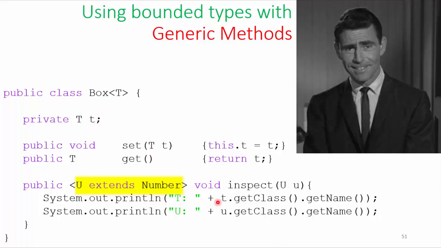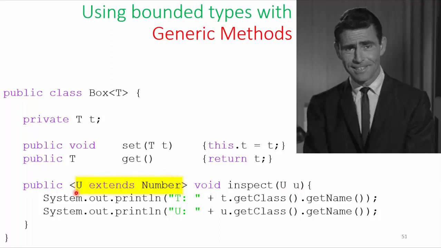You can see here that in the method inspect, we call t.getClass, then getName. So we are trying to display the name of the class of the object referenced by field t. And then we do the same thing with a parameter of our method, u.getClass, getName. The data type of the parameter of our inspect method is uppercase U, which is a type parameter, which is defined here.